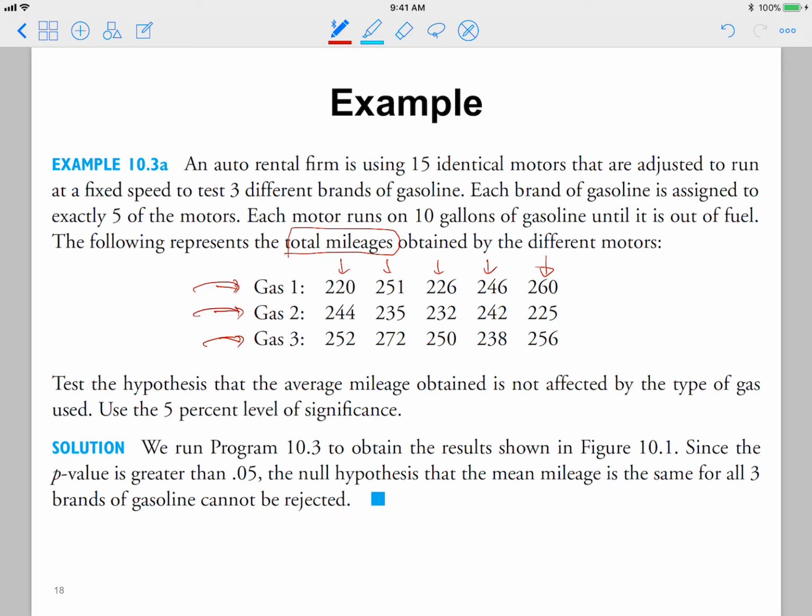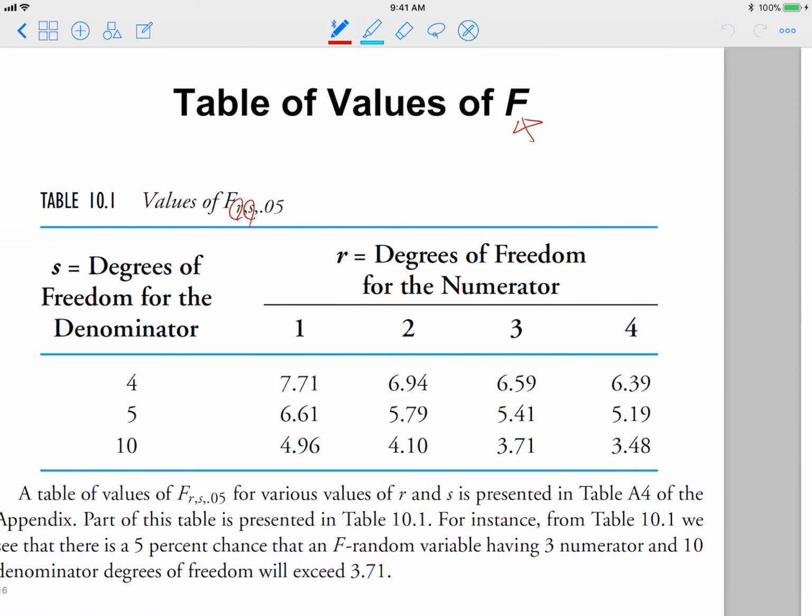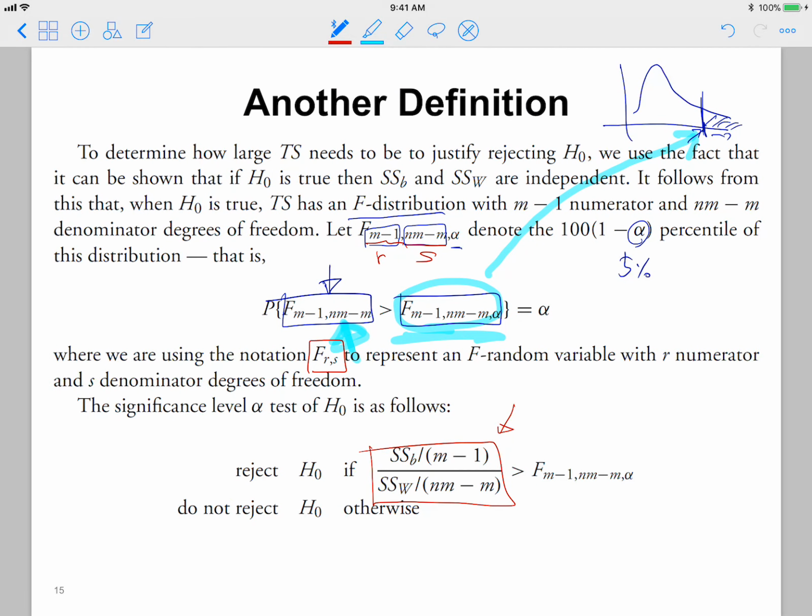Gas is just gasoline. So here the number of groups is 3, and the number of observations within each group is 5. We can just compute the test statistic that we defined here.